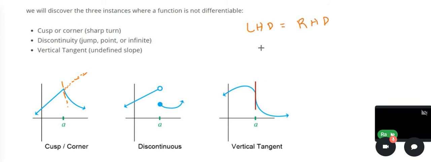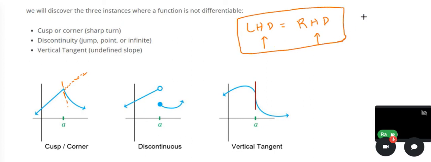This means it has to be differentiable from both sides, from the left hand side as well as from the right hand side. I'll give the definition for this later. This one is the left hand derivative and this one is the right hand derivative. Only if these two are equal can we say that the function is differentiable.